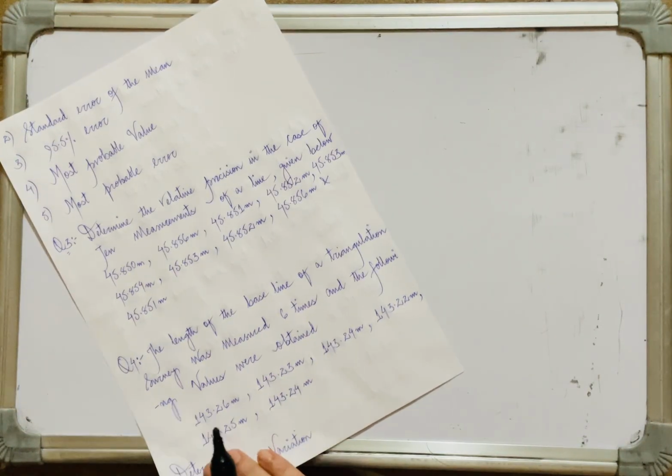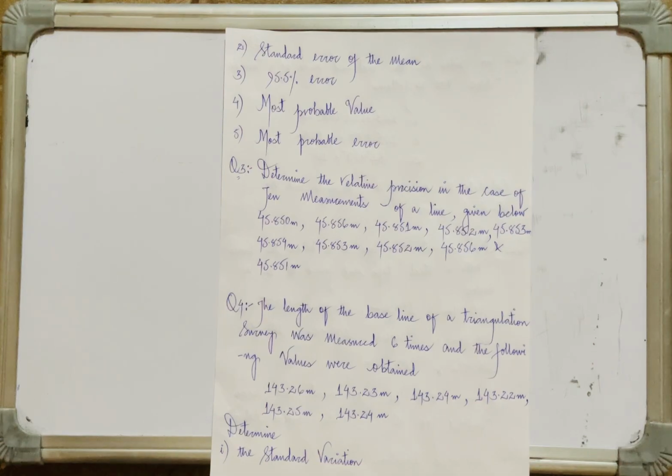The length of baseline of a triangulation survey was measured 6 times, and we have to calculate certain values like standard deviation and other values. All right, so let's do it.